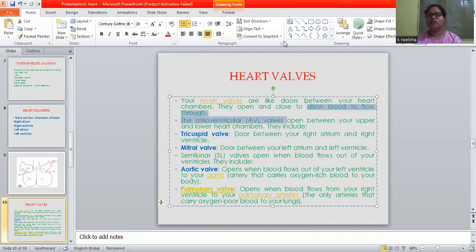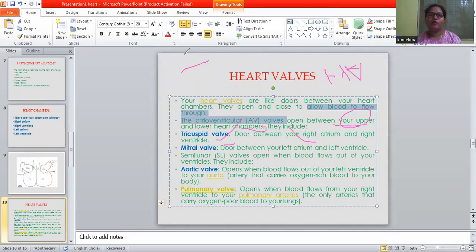The atrioventricular valve opens from the upper to the lower chambers, and the tricuspid valve is present between the right atrium and the right ventricle.